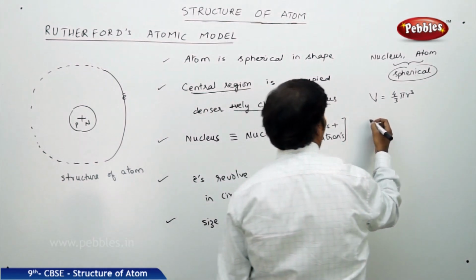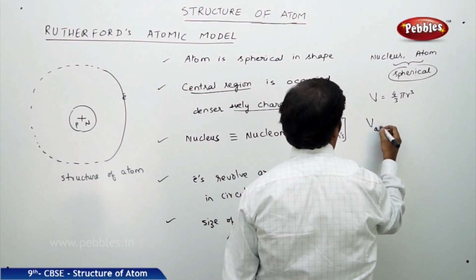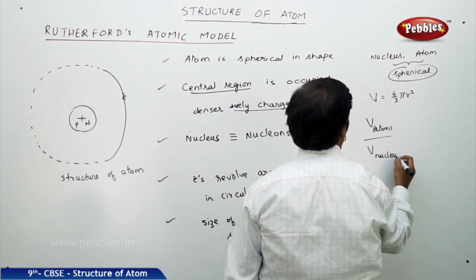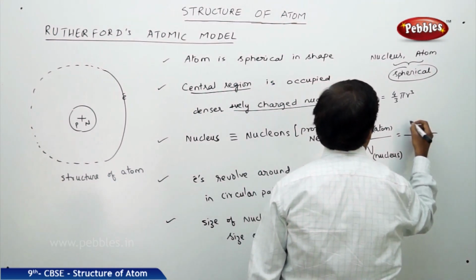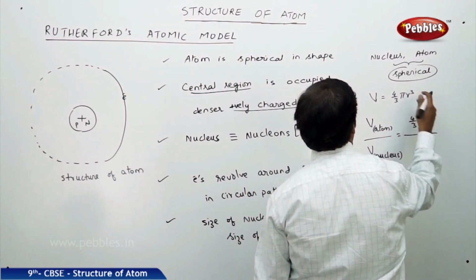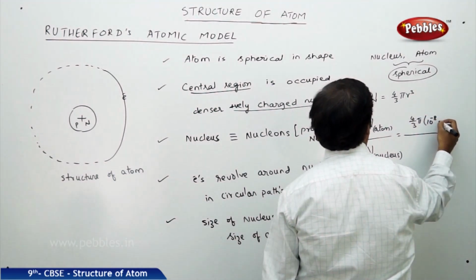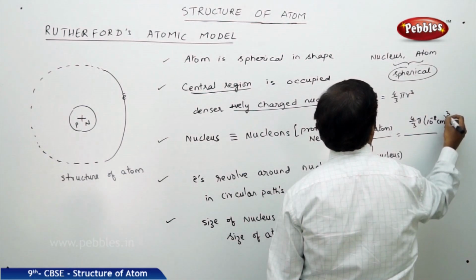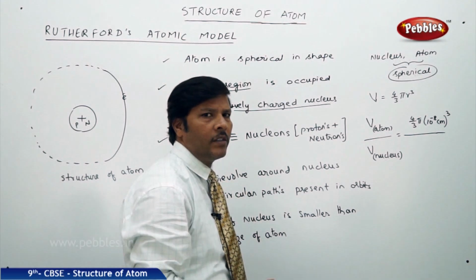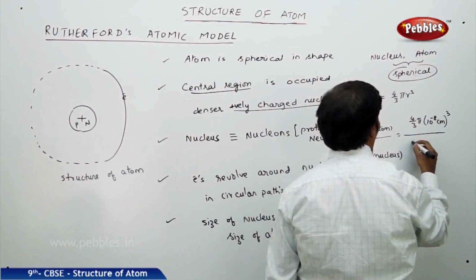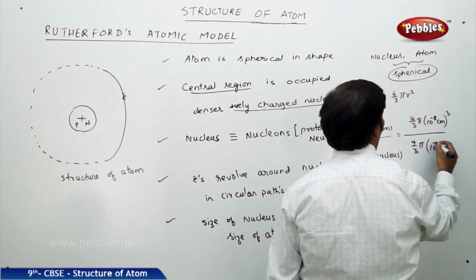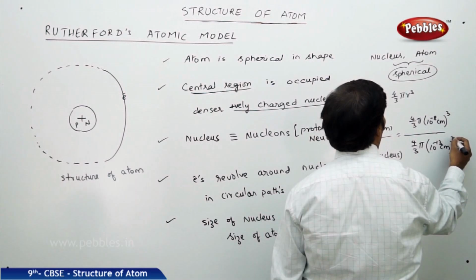So what I am going to do here is take the volume of the atom divided by the volume of the nucleus, which is 4/3 of pi times the radius of the atom, the size of the atom, 10 to the power of -8 centimeter whole cube, because the size of the atom is 1 angstrom, and 1 angstrom is equal to 10 to the power of -8 centimeter. This is divided by 4/3 of pi r cube, where the size of the nucleus is 10 to the power of -13 centimeter whole cube.